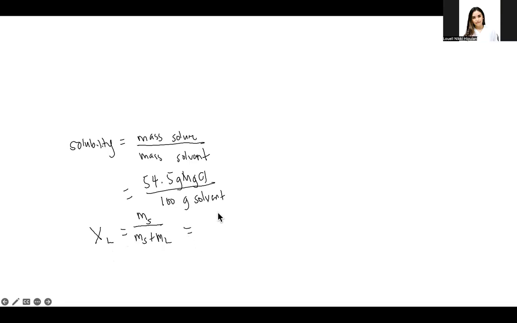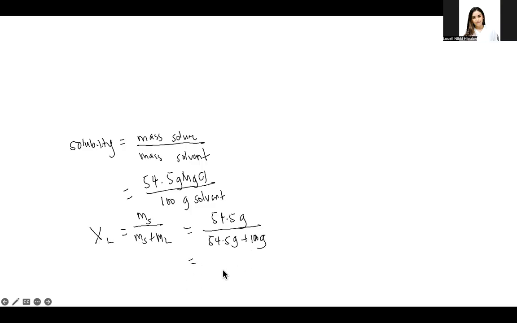So the solute mass is 54.5 grams at 20 degrees, divided by 54.5 grams plus 100 grams of solvent.